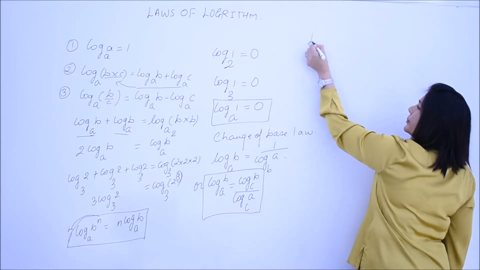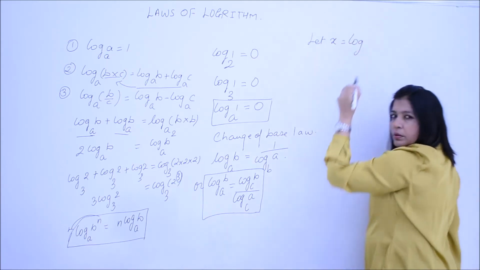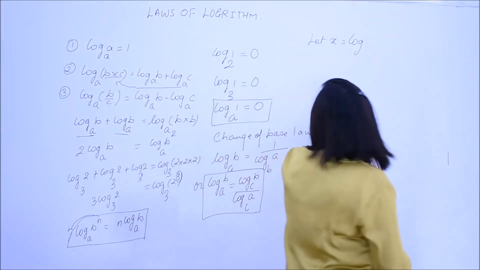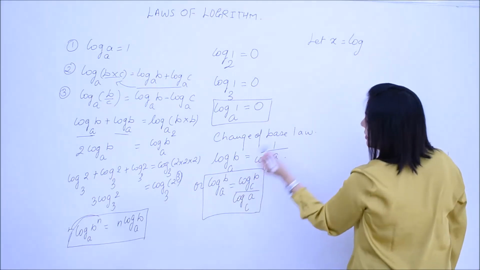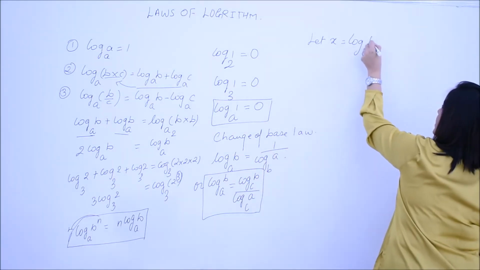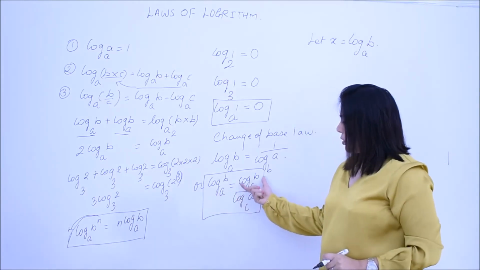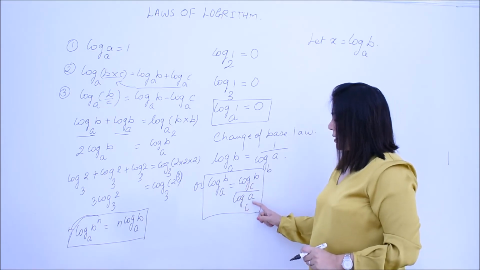So let x be equal to log to the base a of b. I want to derive log to the base c of b divided by log to the base c of a.